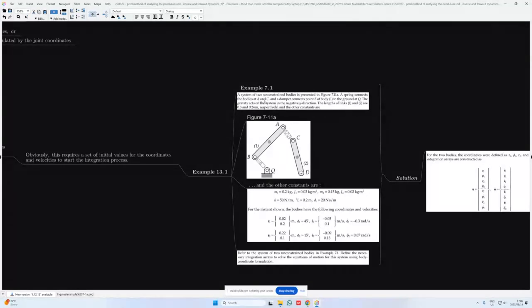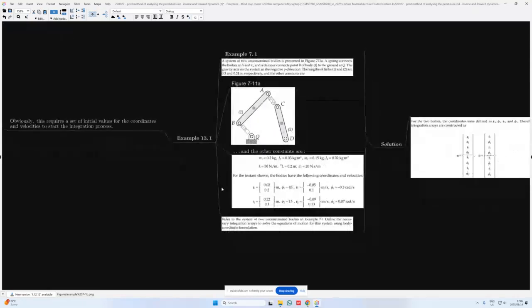A spring connects the bodies at A and C, and a damper connects the point B of body 1 to the ground at Q. Gravity acts on the system in the negative y direction, and the lengths of links 1 and 2 are also given, with the other constants given in this block here at the bottom. For the instance shown, the bodies have the following coordinates and velocity. They give us the coordinates, the angle of each body, and then also the velocities and the angular speeds for each body.